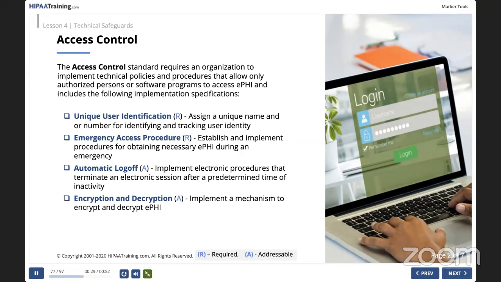Emergency access procedure. Establish and implement procedures for obtaining necessary EPHI during an emergency. Automatic log off. Implement electronic procedures that terminate an electronic session after a predetermined time of inactivity. Encryption and decryption. Implement a mechanism to encrypt and decrypt EPHI.